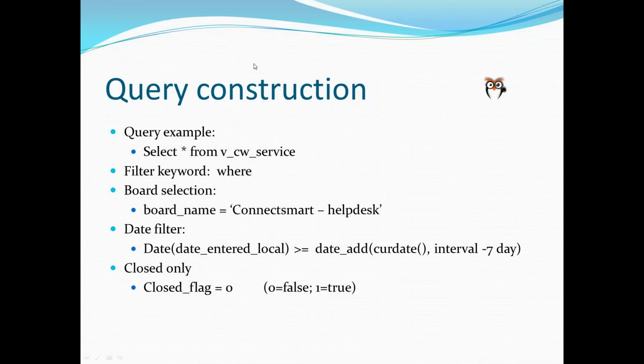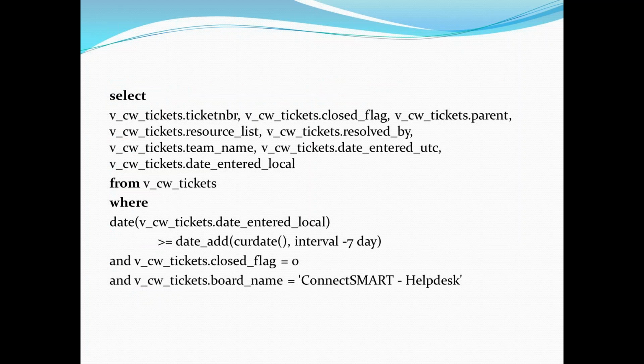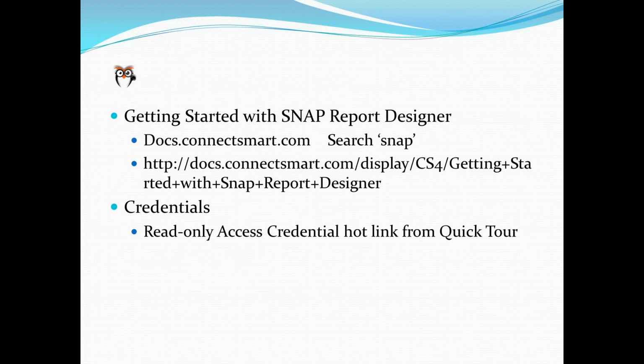As I promised, here is a query construction, a simple query, our select statement, then the where statement, where board name was our help desk, our date filter, and our close flag. This is more closely what I actually did on this particular one, except again, I used the anonymous version of that.